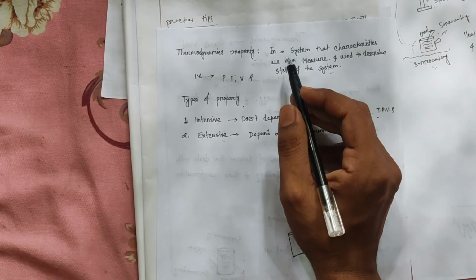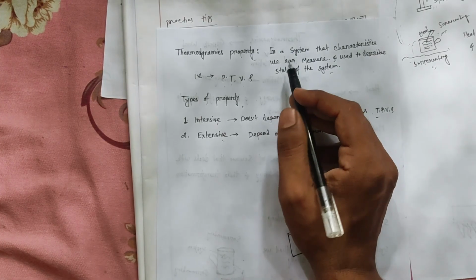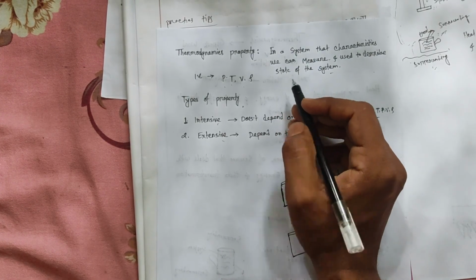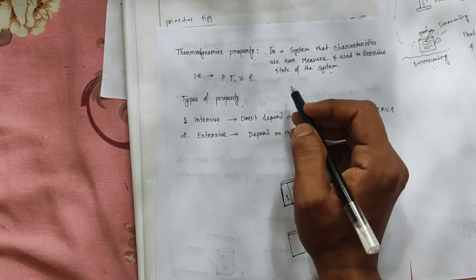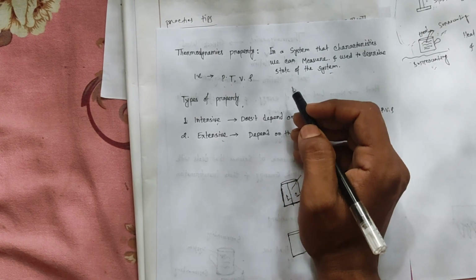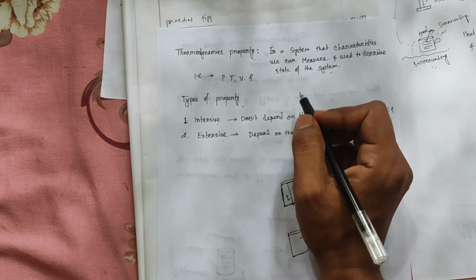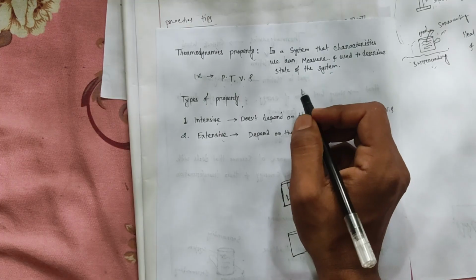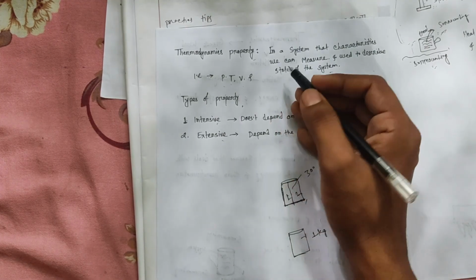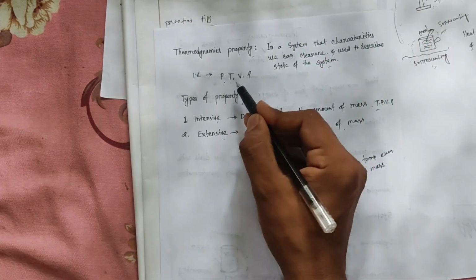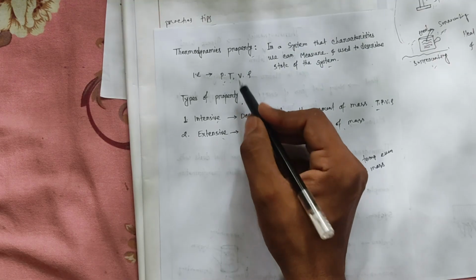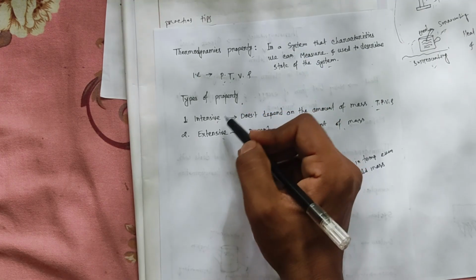Let's assume we have a system, and every system can have many characteristics such as temperature, pressure, volume, density, mass, etc. Among these, the measurable quantities that describe the condition or state of the system are called thermodynamic properties. Okay, means pressure, temperature, volume, and density are thermodynamic properties, right?